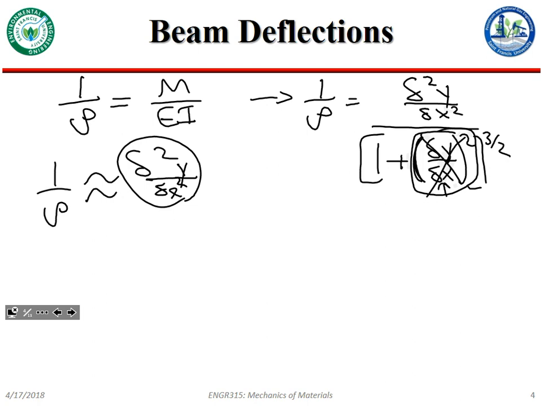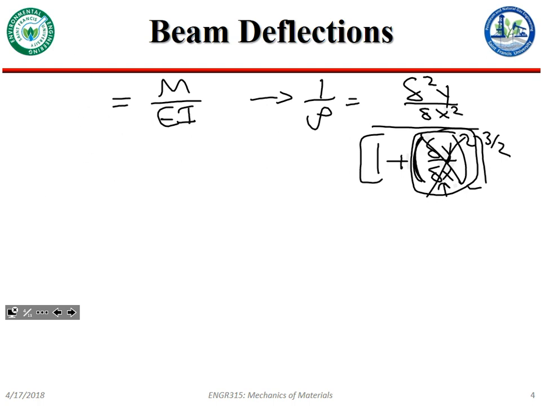So we got this. So if I substitute this in, we have d2y over dx squared equals M over EI. Sweet. And if you remember, what's the relationship between bending moment and shear force?